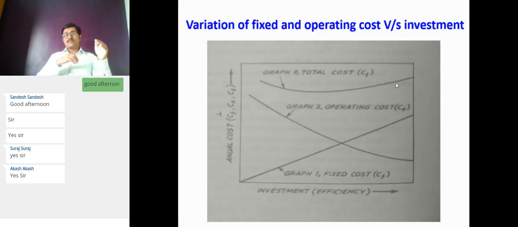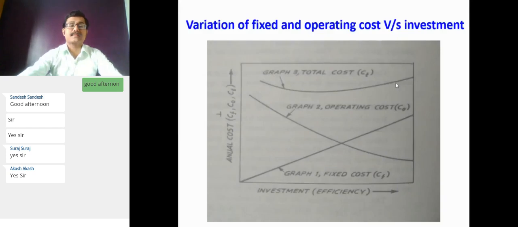So that's why in one of the earlier slides we have seen that the most thermally efficient plant is not the most economical one, isn't it? Suppose you have two plants. Let us say one plant operates at an efficiency of 30%. So this will be the total cost somewhere here. But suppose you have another plant B whose efficiency is 80%.